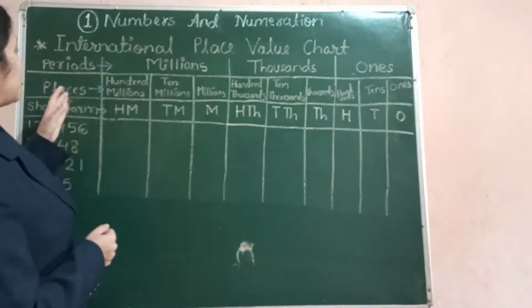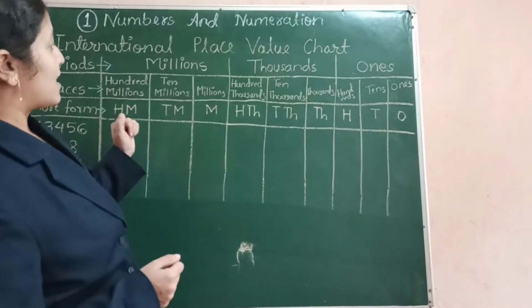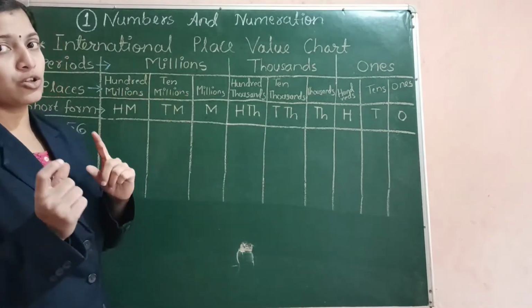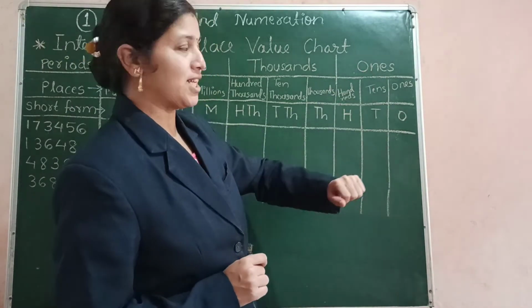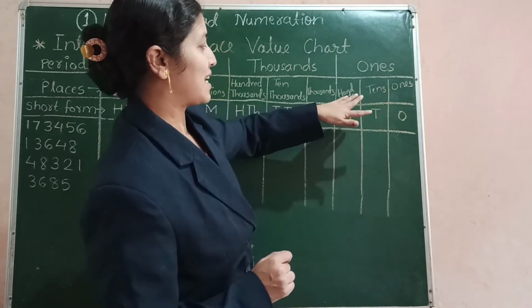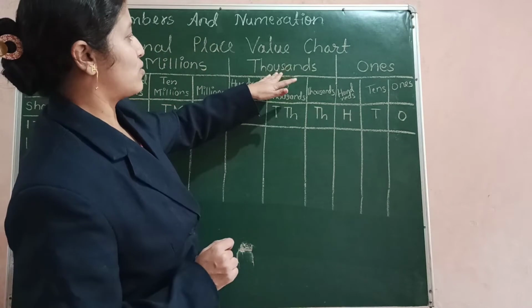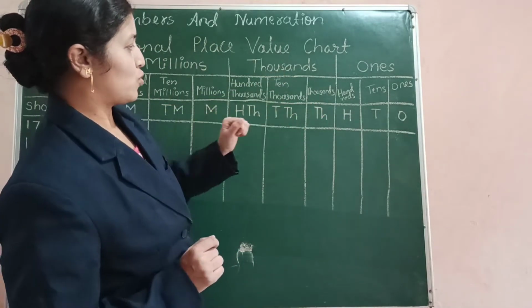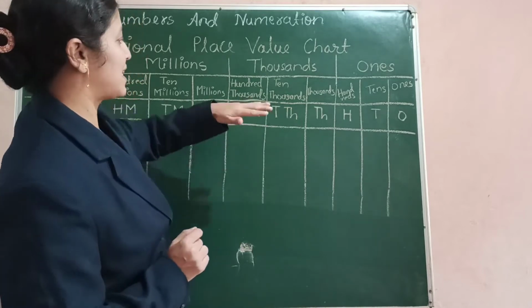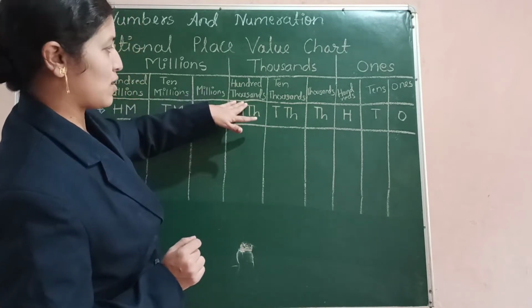The place values under these periods are also somewhat changed. In ones we have the same place values, that is ones, tens and hundreds. In thousands, thousands and 10,000s. So these two are the same, but there is an addition of 100,000s.